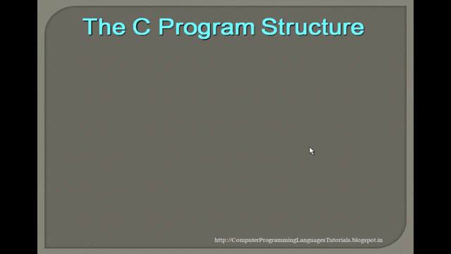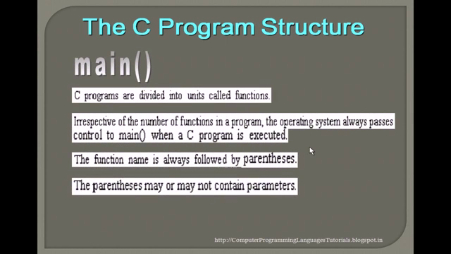Then what is meant by library? Before that, let us look at the detail part. Main is a library function. The main program begins by using an open parenthesis, an open curly bracket, and closes by using a close curly bracket.